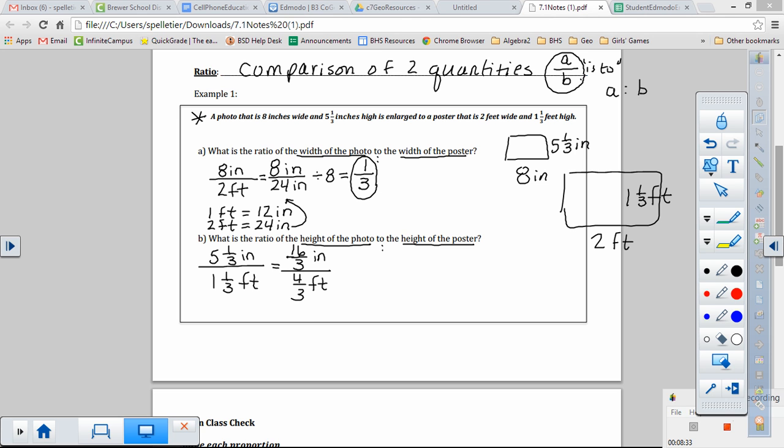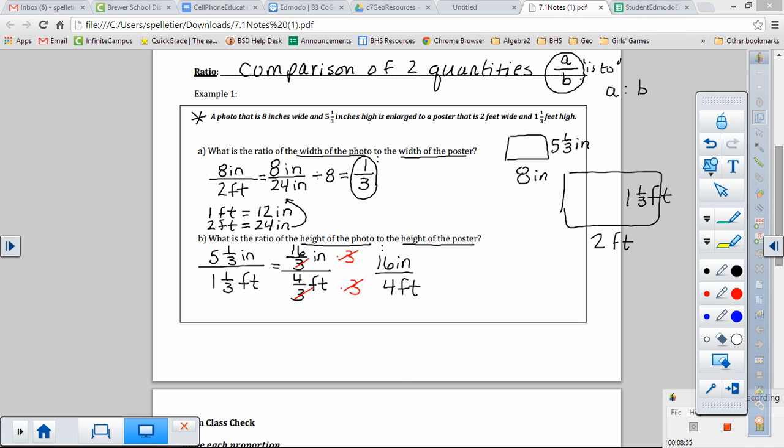I hope at this point you recognize that both denominators are 3. So if I multiply the numerator by 3, the denominators cancel. And if I multiply the numerator of a fraction by 3, I have to multiply the denominator by 3. Those are going to cancel. And I'm left with 16 inches is to 4 feet.